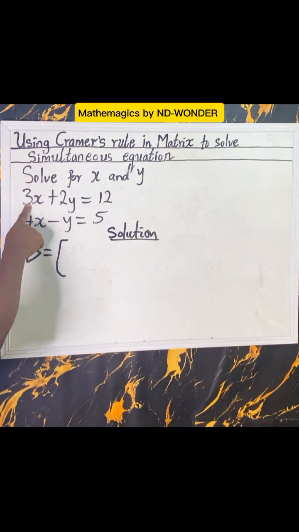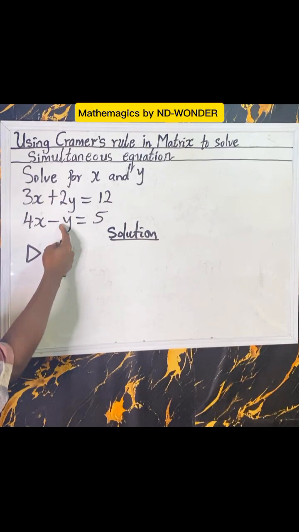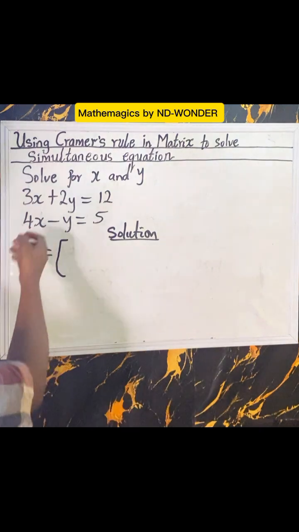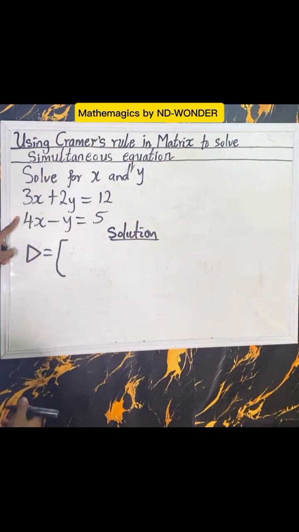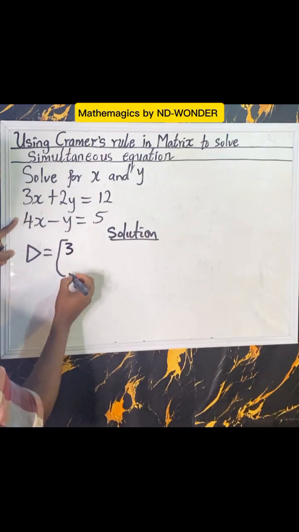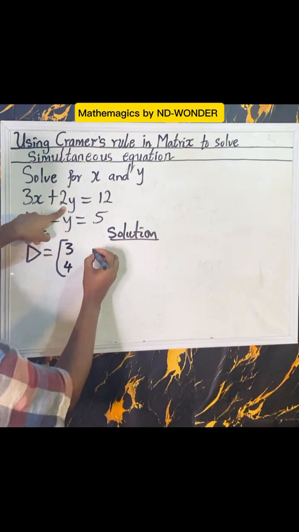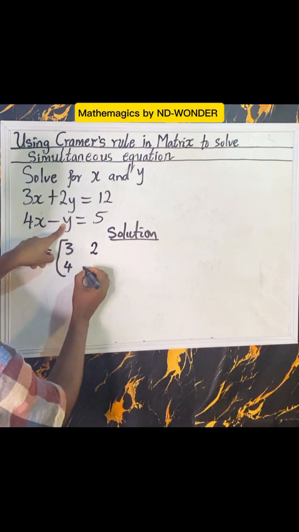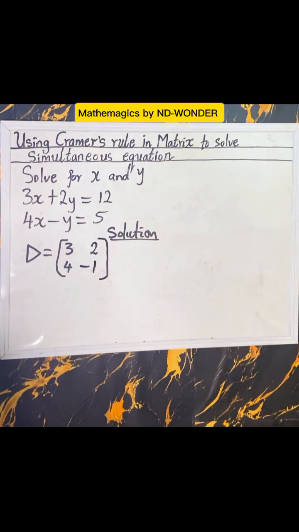We have 3, 2, 4, then minus 1. So we align them the way they are: 3, then 4, then positive 2, then negative 1. So this becomes the change.